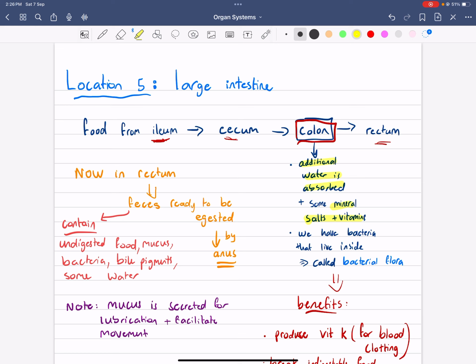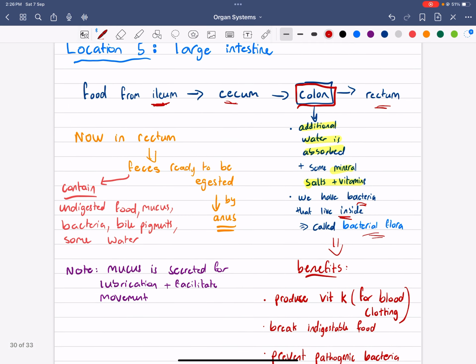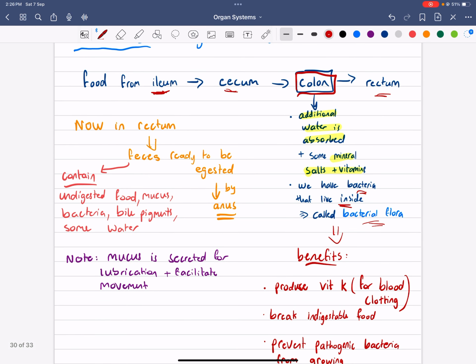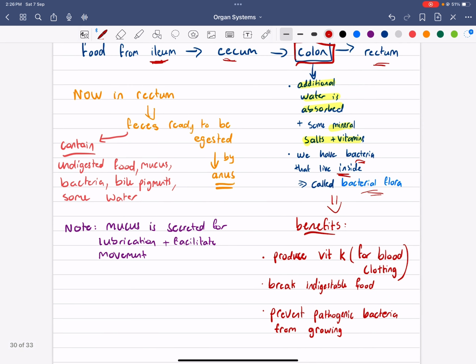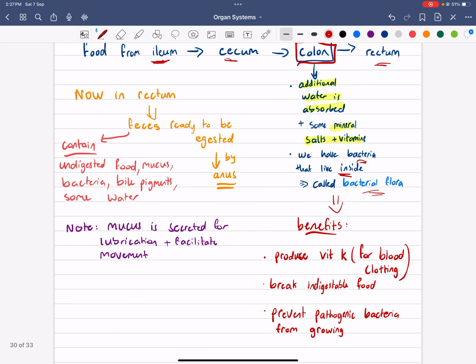Now also we have bacteria that live inside our large intestine, and we call this bacterial flora. Now, not all bacteria are bad. Some bacteria are really beneficial for us. And this type of bacteria that lives in our large intestine is beneficial for us. Why is it beneficial? Because it produces vitamin K for us, and vitamin K is important for blood clotting.